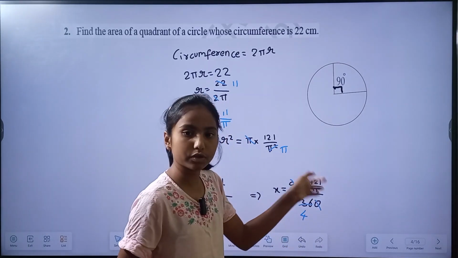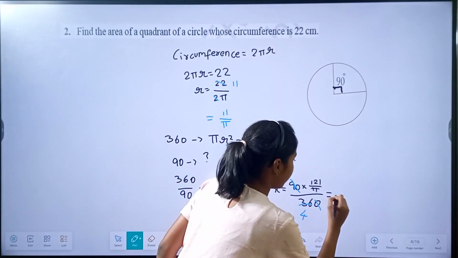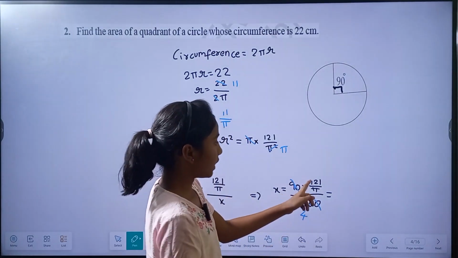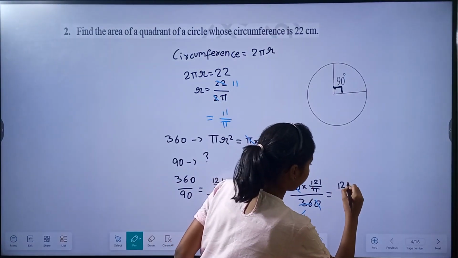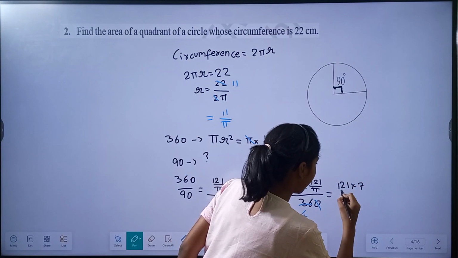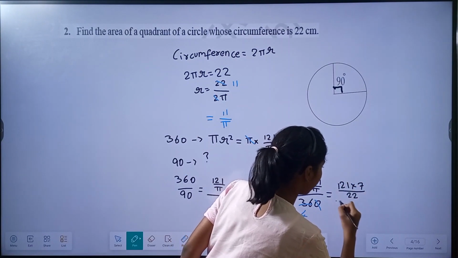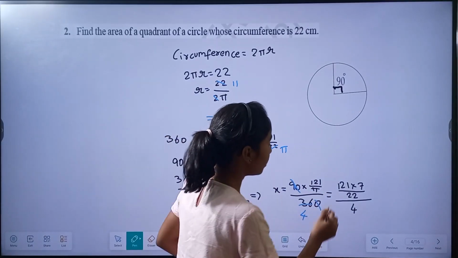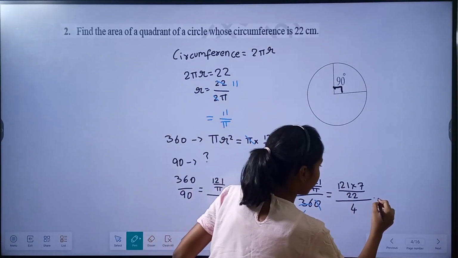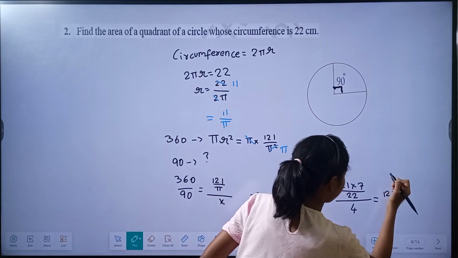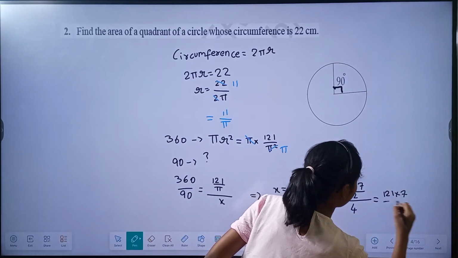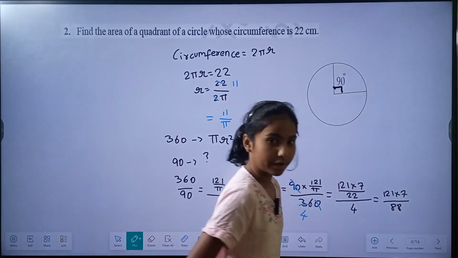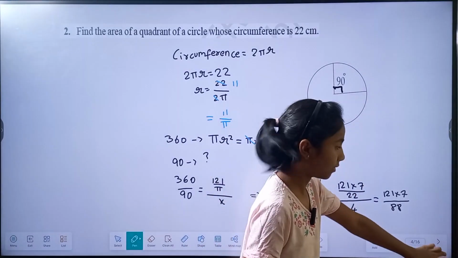And pi equals, let us use 22 by 7. So this value will be equal to 121 into 7 whole divided by 22, then whole divided by 4. So this one will be equal to 121 into 7 whole divided by 88.